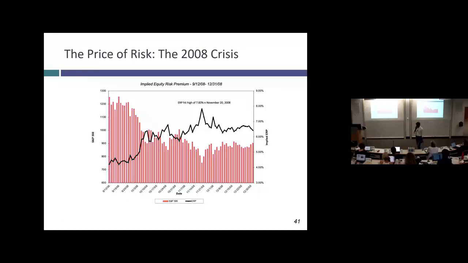Now, one of the things I've taught myself to do is every time we're in a crisis, I start to compute the equity risk premium every day. It's almost like torturing myself. Every morning, I would compute. You think, how much can risk premiums change in a day? How many of you were in markets in 2008, last quarter of 2008?